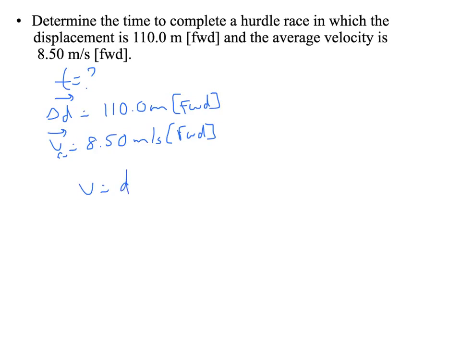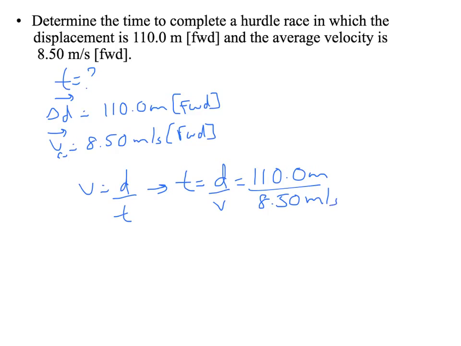Again, V equals D over T. We can rearrange to get T is equal to D over V. D is 110.0 meters. V is 8.50 meters per second. The meters cross off, and we're left with 110 divided by 8.5, which is 12.94 seconds.